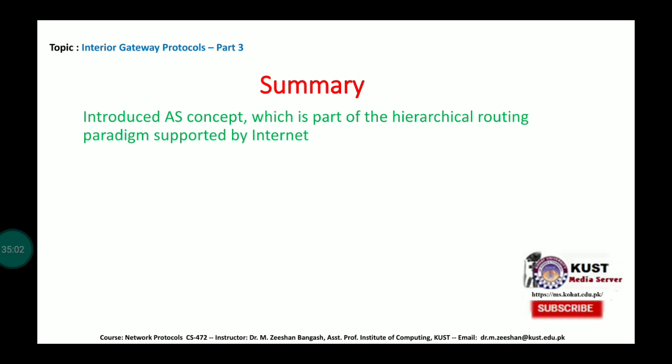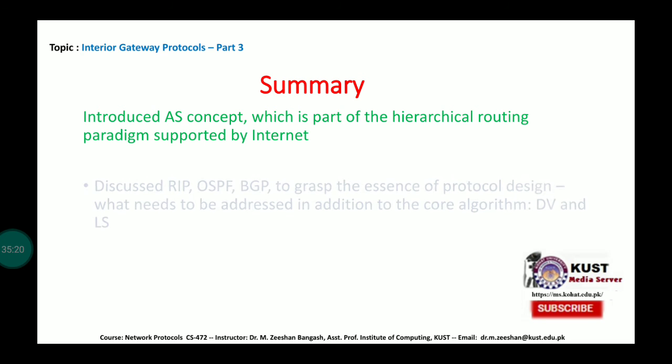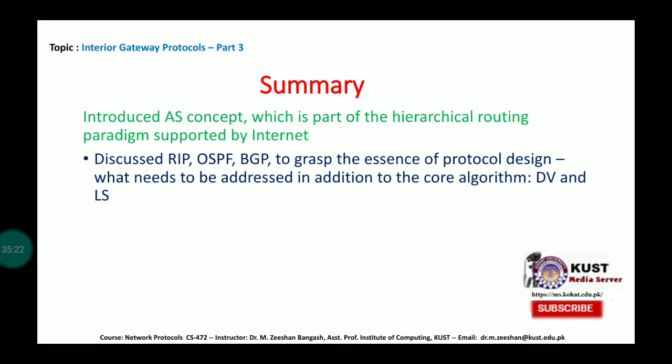So in the complete session of three sessions on routing protocols, we discussed the concept of the autonomous system, which is used as a hierarchical routing paradigm supported by the internet. Then we discussed different routing protocols like RIP, OSPF, and BGP, that is, the Routing Information Protocol, Open Shortest Path First, and the Border Gateway Protocol, in order to grasp the essence of protocol design and what needed to be addressed in addition to algorithms like distance vector and link state algorithms.